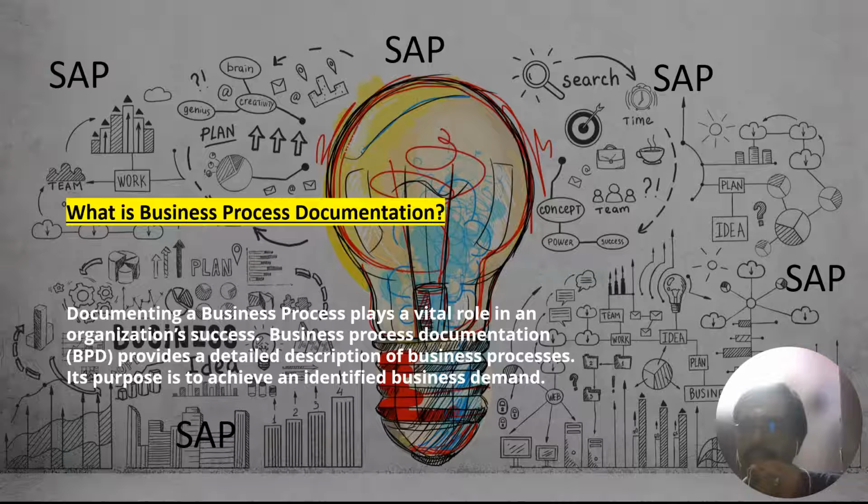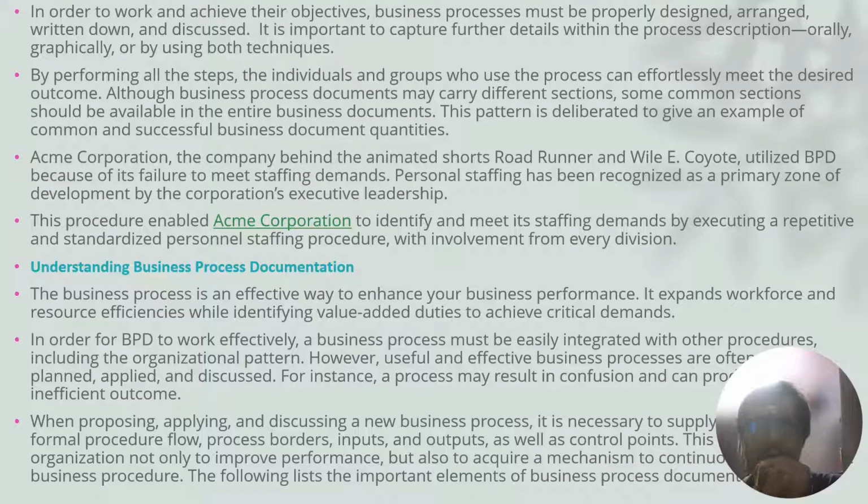First identify the process that you are documenting. Give it a clear name and objective. In order to achieve their objectives, business processes must be properly designed, arranged, written, documented and discussed.